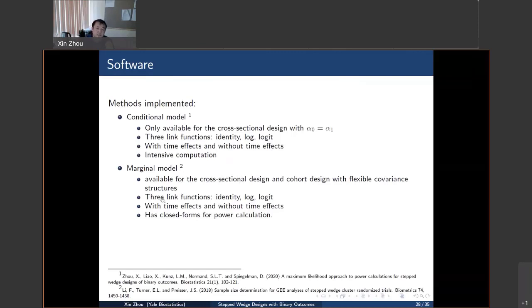It also includes 3 link functions and cases with time effect and without time effect. The marginal model has a closed-form formula for power calculation, so it's fast compared with the conditional model. One thing I want to emphasize is that the existing software, even for the continuous outcome, doesn't support the case without time effects. So if you want to calculate the power for the case without time effects, our software is the only choice.